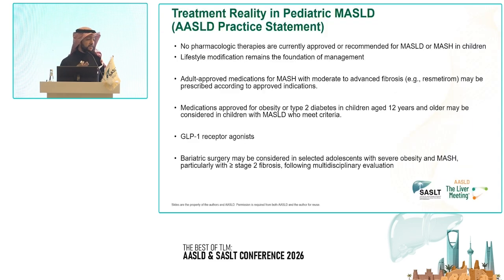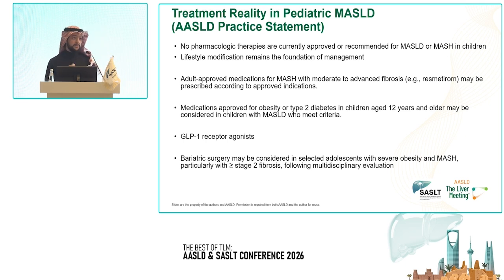Finally, the treatment reality in pediatric MASLD: there is no pharmacological therapy approved for MASLD at this time, and lifestyle modification remains the foundation of management. Yes, there are adult-approved medications that can be used in pediatrics, but we are talking about above 18 years of age. Medication which is approved for obesity might be used and might benefit if the child has MASLD.